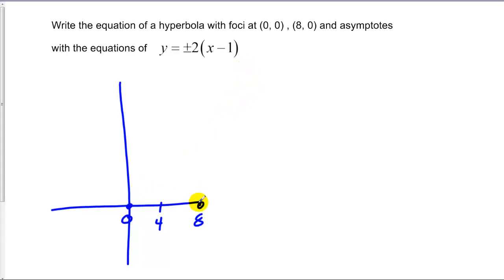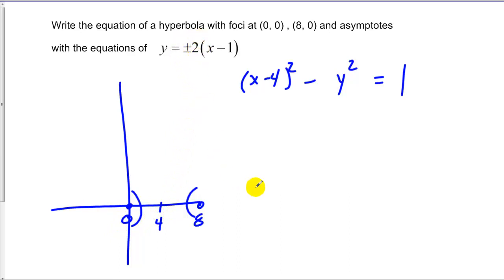I know that if these are foci, somewhere in here are my vertices. This has got to be a horizontal opener. So this is x minus 4 quantity squared minus y minus 0 quantity squared, or y squared, is equal to 1. I don't have either my A or my B term.